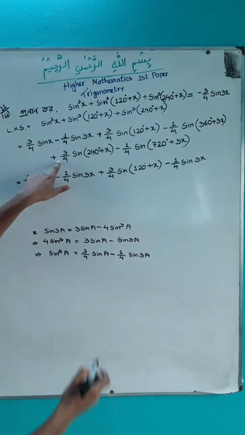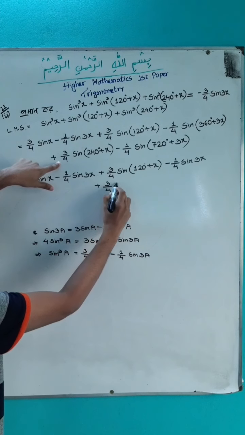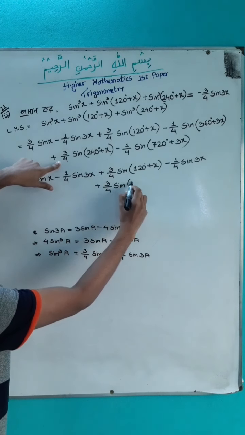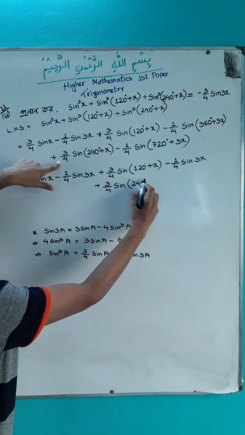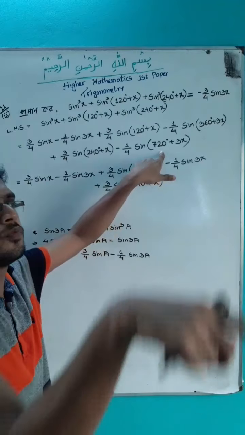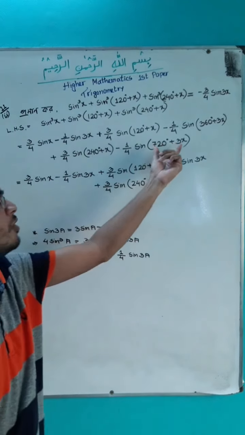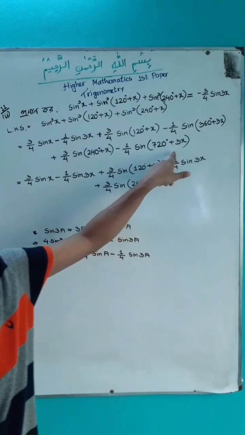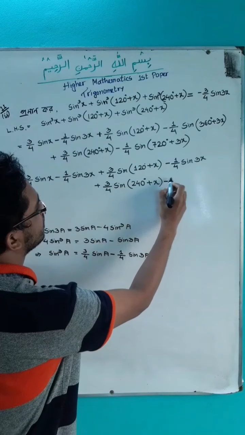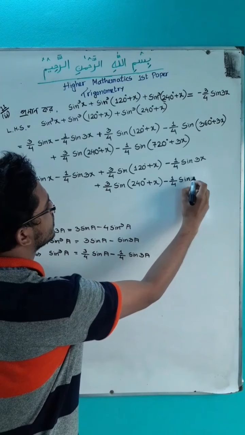Okay, now this one plus 3 by 4 sin (240 degree plus x). Again, it's 2 full rotations, 720 degree, and that will also be in the first quadrant. So we have minus 1 by 4 sin 3x.